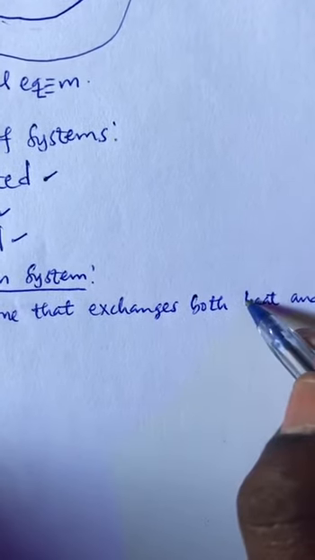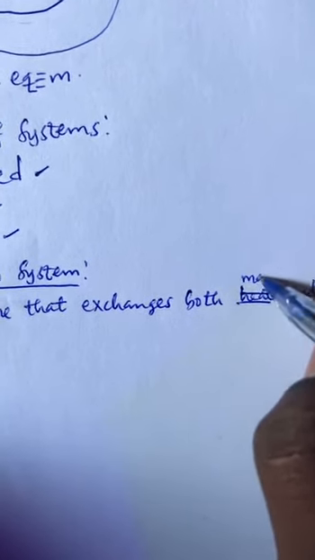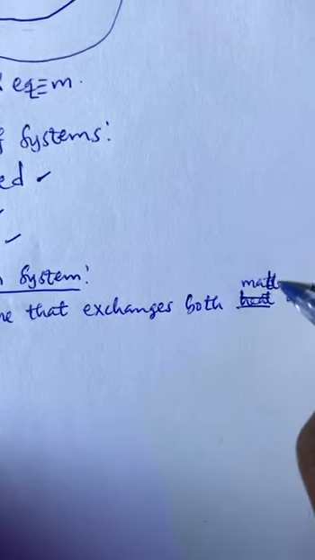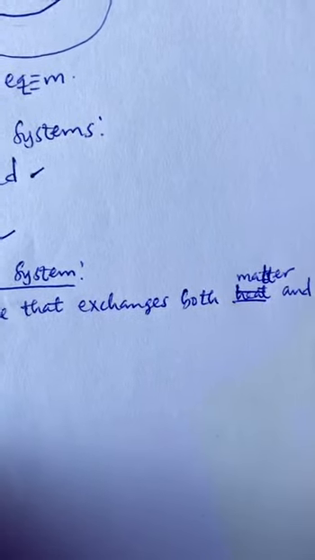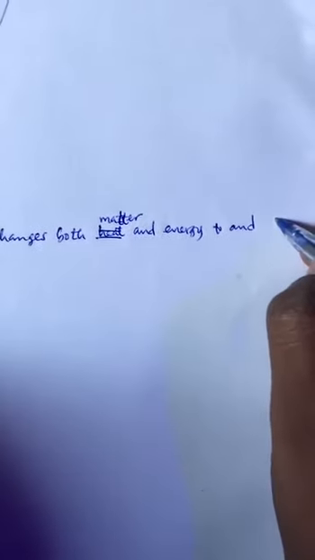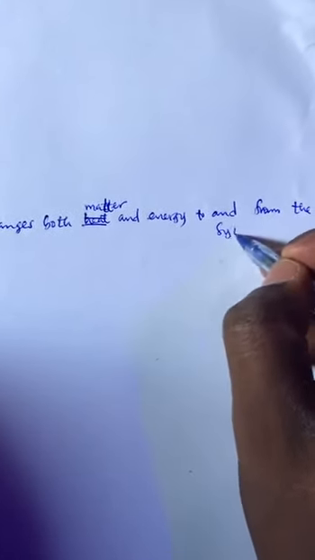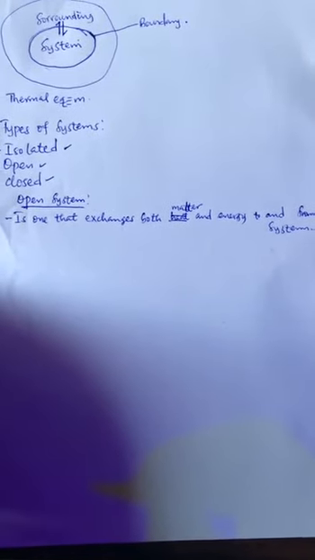Sorry, that exchanges both, because heat is a form of energy, so it is going to be mass, or you can say matter, and energy, to and from the system. So we are saying that an open system is one that transfers or exchanges both matter and energy to and from the system. That is what we call an open system.